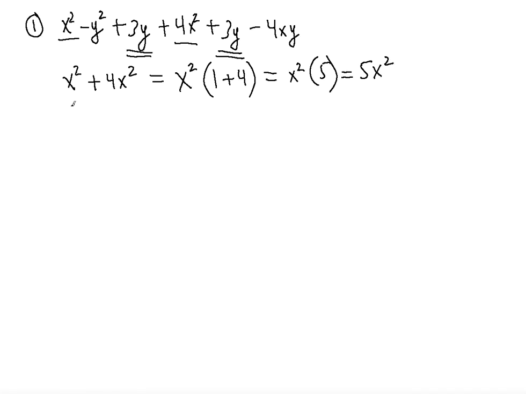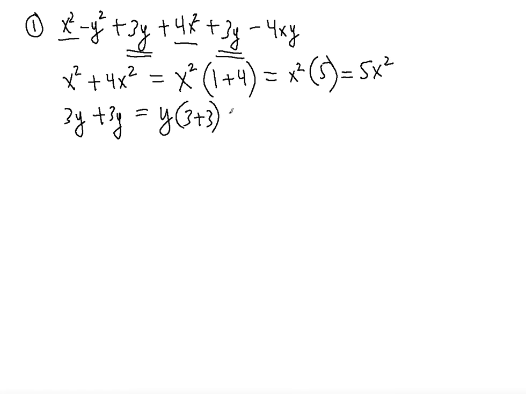Now the same thing will be done to the second pair that we found of like terms. So we're going to have 3y plus 3y, and we're going to add 3y and 3y together. We're going to work with the coefficients again, because the variables are the same. That's the principle of finding like terms. So you can simply work with their coefficients. Take the y out because it's a common factor, and then apply the distributive property backwards.